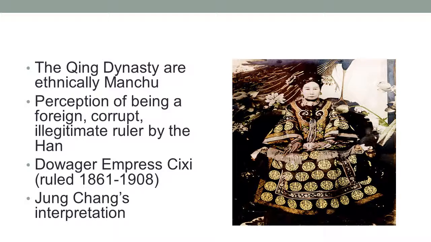Jung Chang, the historian, says that a really big portion of this negative interpretation of Cixi has been two things. One, historically, as a woman in a very male-dominated society, that things fell apart in her rule is going to be blamed on her because she's a woman.